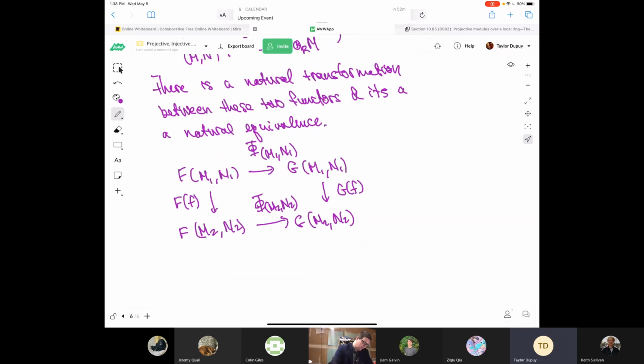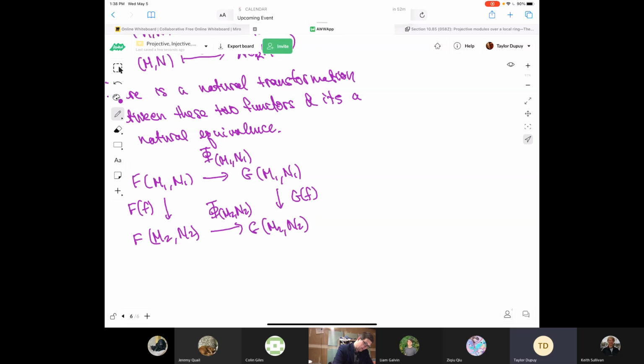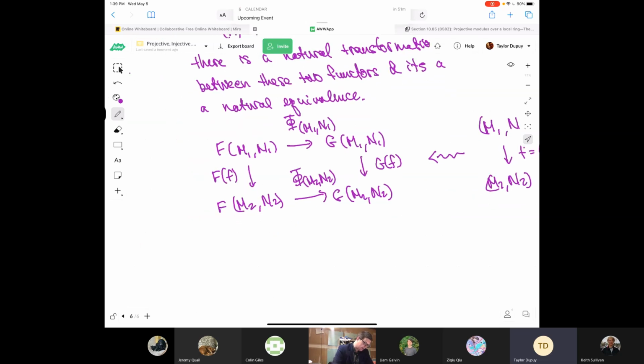What we're looking for is a pair of maps. If we're given M1, N1 to M2, N2, this is F, and F is really a pair of maps: a map between the first R-modules and a map between the second R-modules, the maps between the M's and the N's. Then we get this diagram. This is what it means to be a natural equivalence, and these things are isomorphisms.